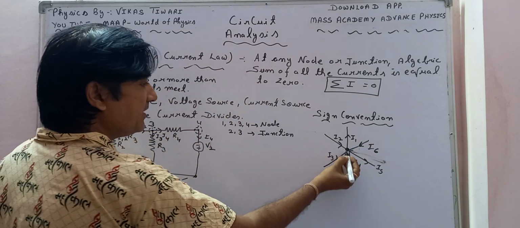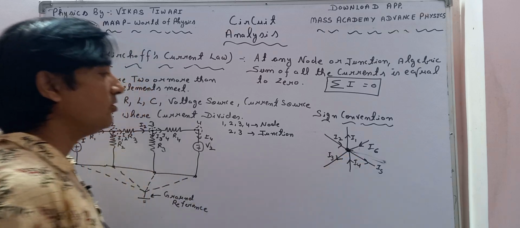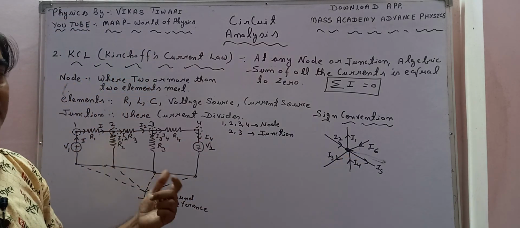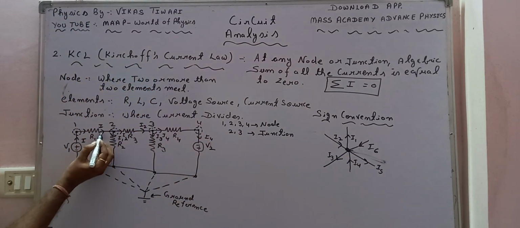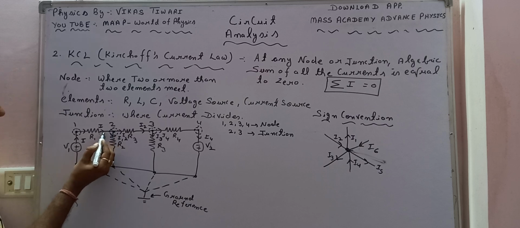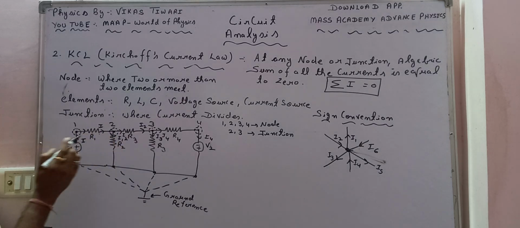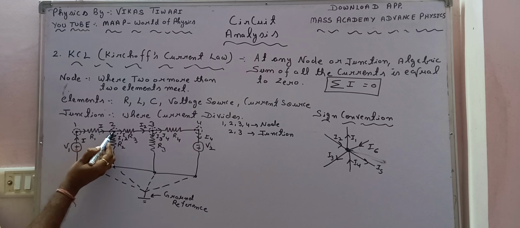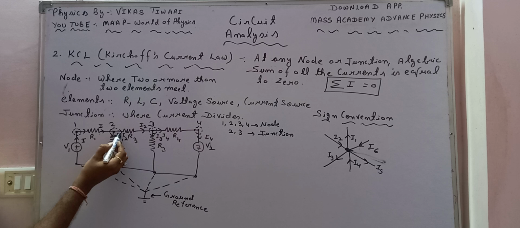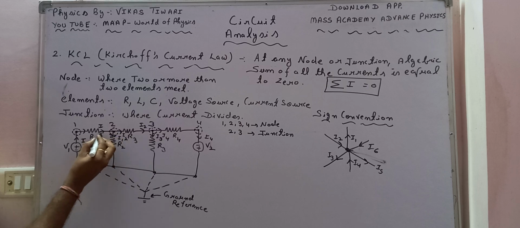At this particular node or junction, some currents are coming and some currents are going. You can see at every junction there are some currents which are coming and some currents which are going outwards from the junction. This is incoming to the node or junction, and this is outgoing from the junction. This direction is considered as outgoing, and this direction is considered as incoming.